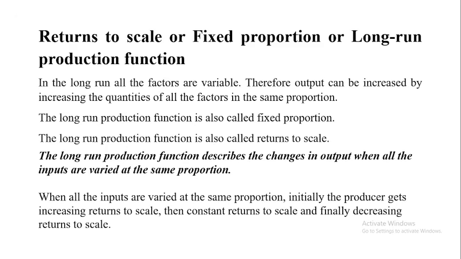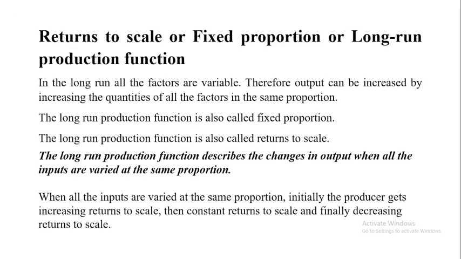Then why is it also called returns to scale? Because in the long run when you increase the quantities of all the inputs in the same proportion, your scale of production changes. In the beginning, you will be producing on a very small scale, then medium scale, large scale, very large scale.